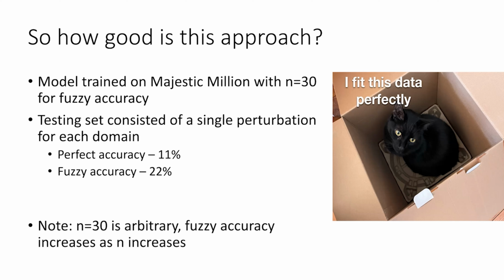However, when we test with the Majestic Million data set, we're actually getting 11% perfect accuracy, or perfect matches, on this data set. And if we relax n to something like 30, that doubles the accuracy.